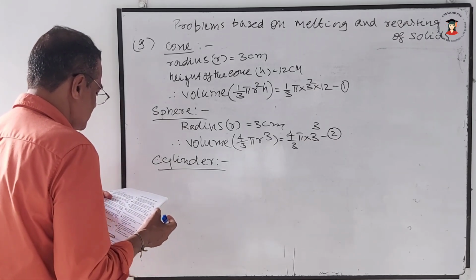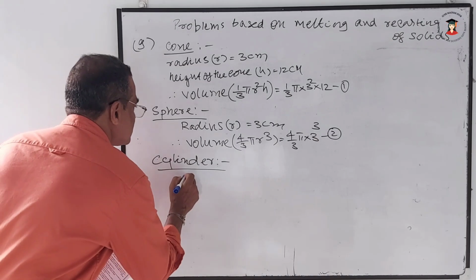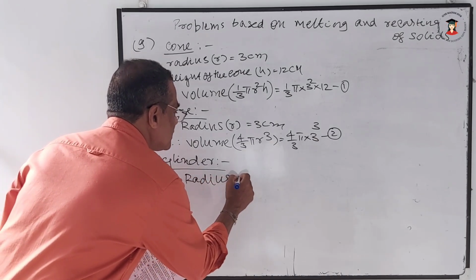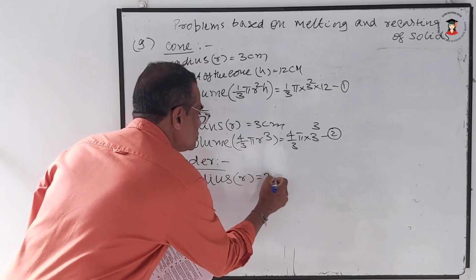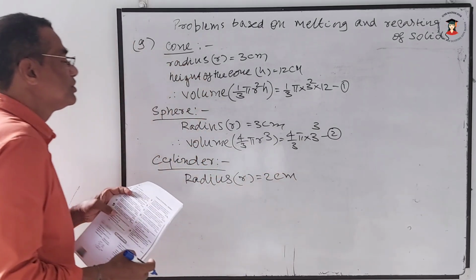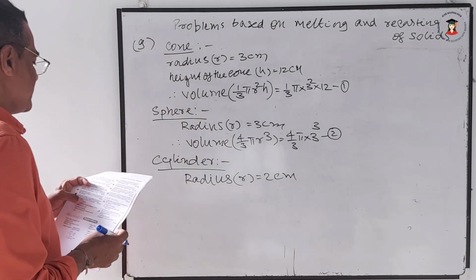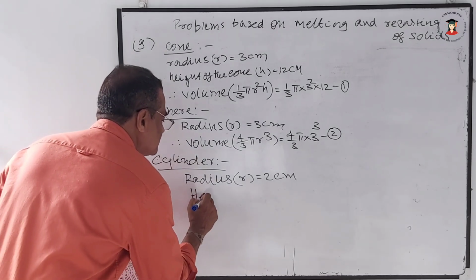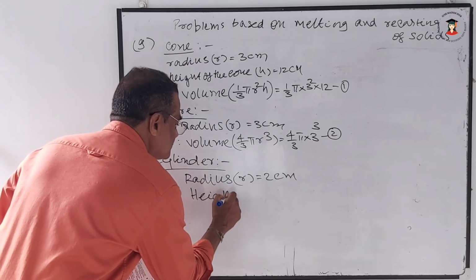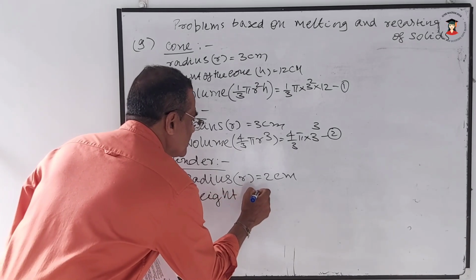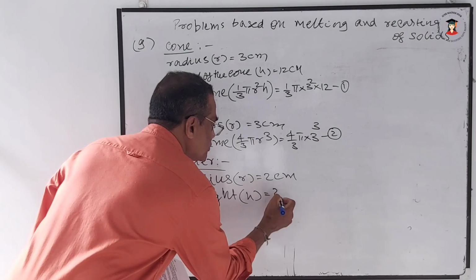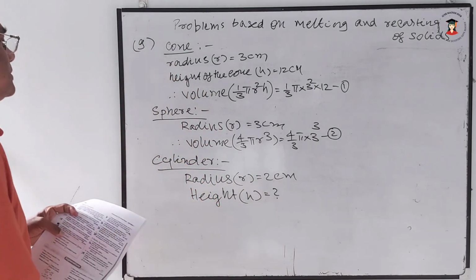Radius of the cylinder so formed is 2 cm. Radius is given. R is equal to 2 cm. Height we do not know. That needs to be found out. Find the height of the cylinder. Height h, that we need to find out.